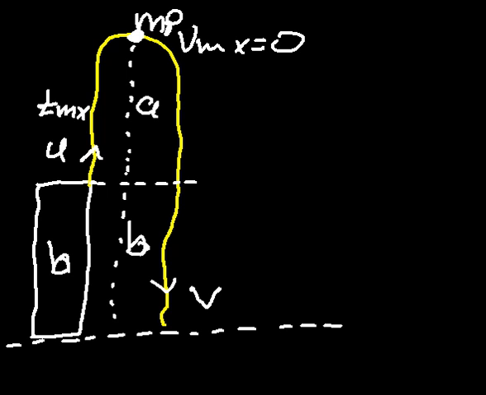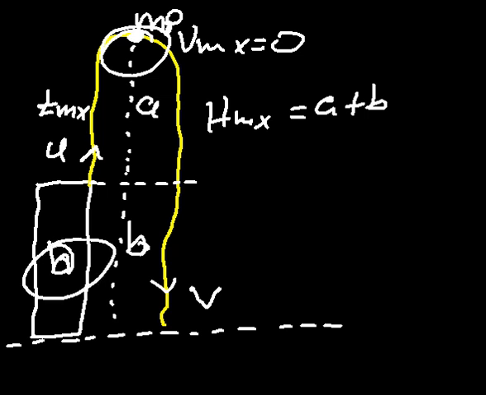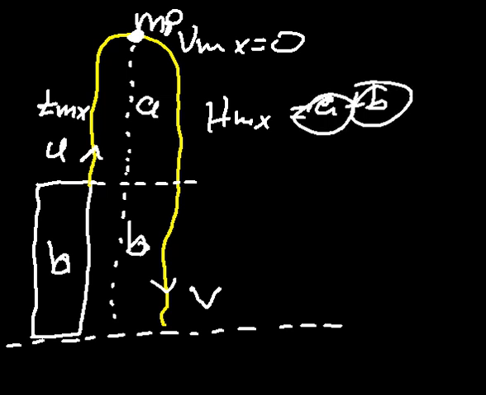So what is the overall maximum height of the object? The maximum height, given as h max, will be a plus b, where a is the height from the top of the building to the maximum point, and b is the height of the building. So take note of that. The maximum height will be given as height a plus height b. So take note of that.